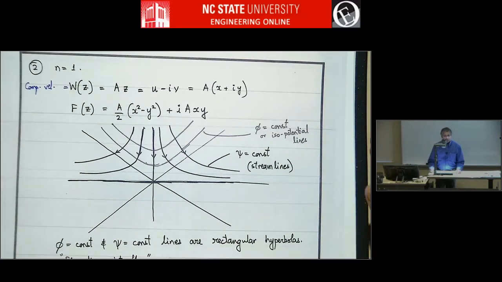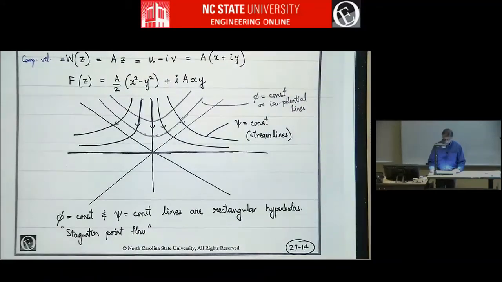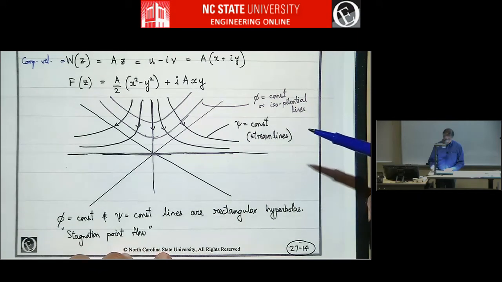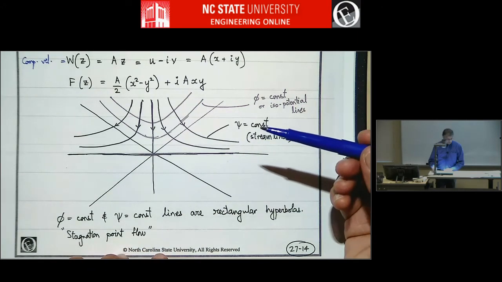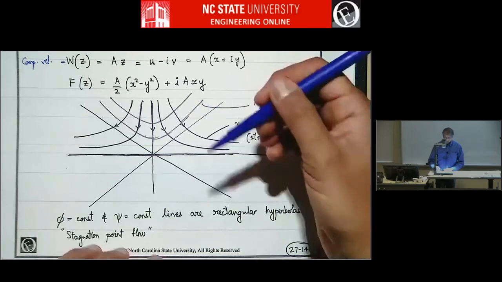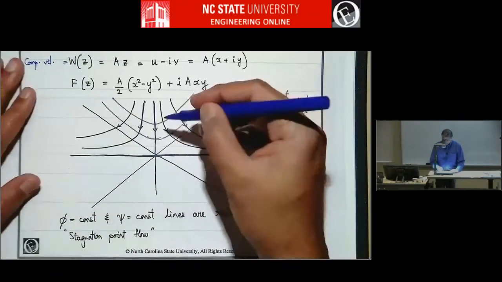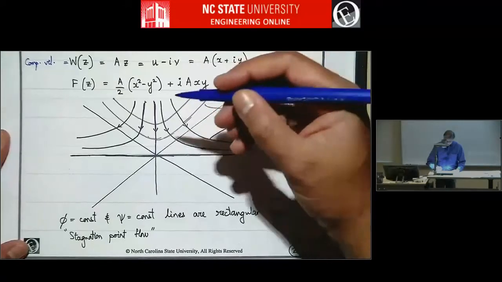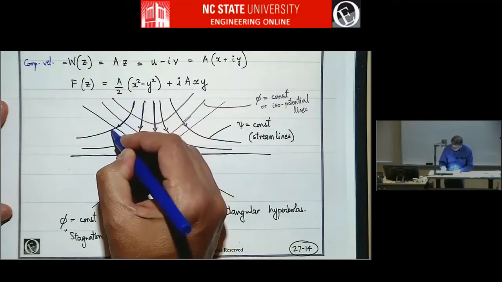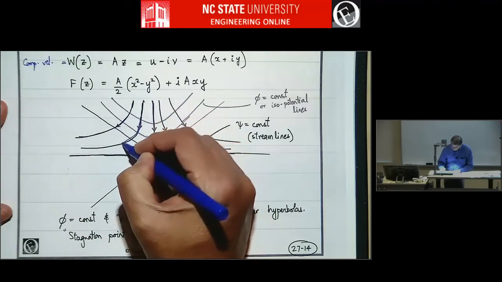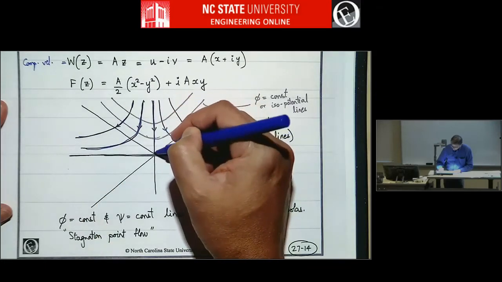So what kind of flow is this? It turns out that this is a sort of stagnation point type of flow. So here it's a flow like this. So these are the streamlines. Okay, so it's a flow approaching a wall.